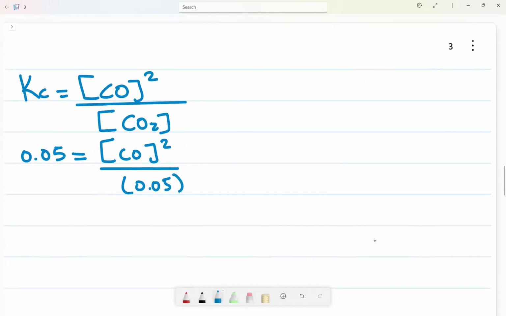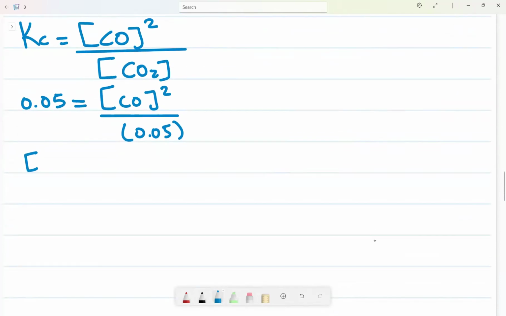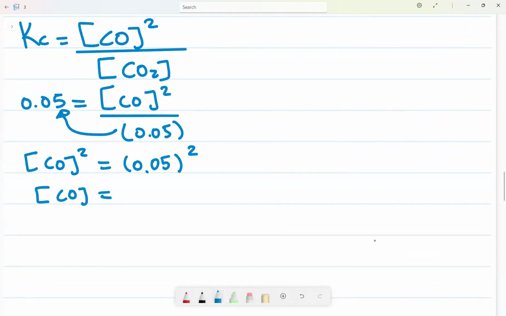Therefore, if I want the concentration of CO, I multiply this to the other side. It's going to be 0.05 multiplied by 0.05, which is 0.05 squared. Then I can square root both sides, or if I drop both exponents, the concentration will be just 0.05 moles.